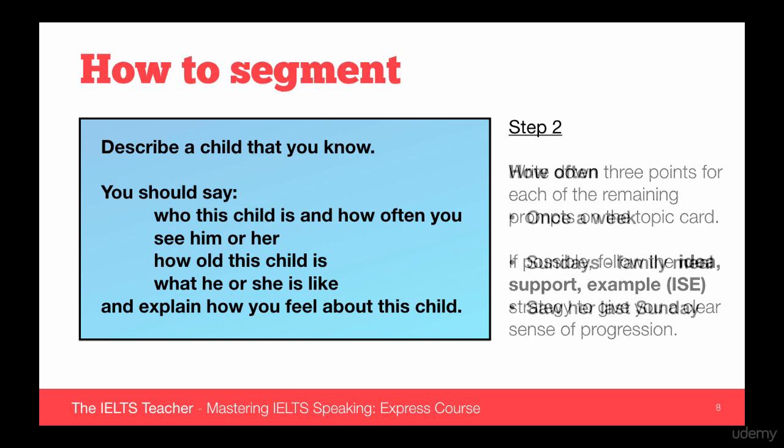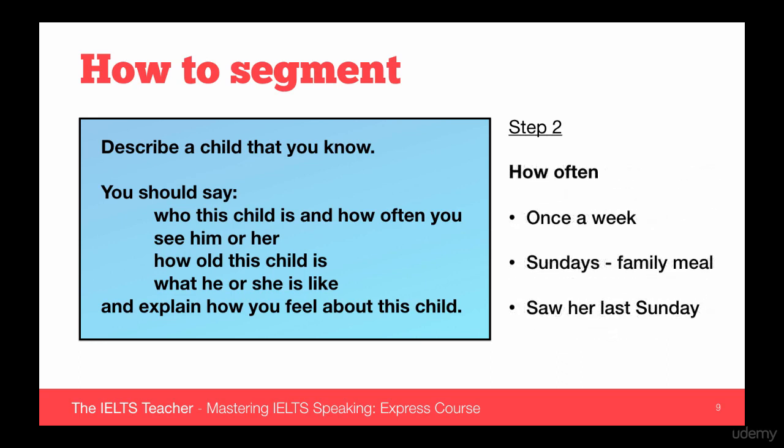Now let's have a look at what this looks like in practice. One of the remaining prompts on the card is how often you see him or her. So how often? Idea, once a week. Support, Sundays, family meal, being a bit more specific. Example, I saw her last Sunday.